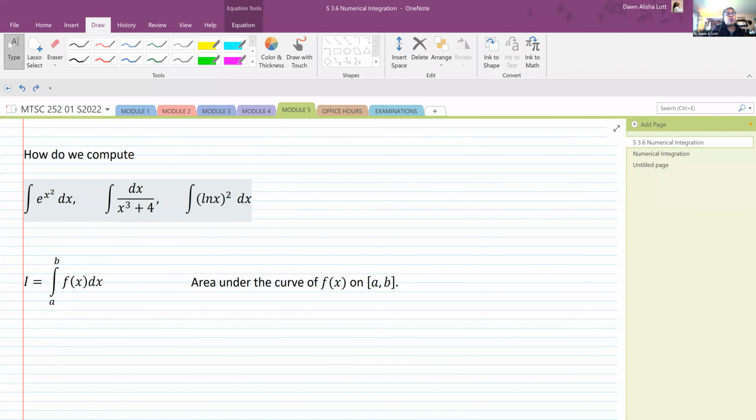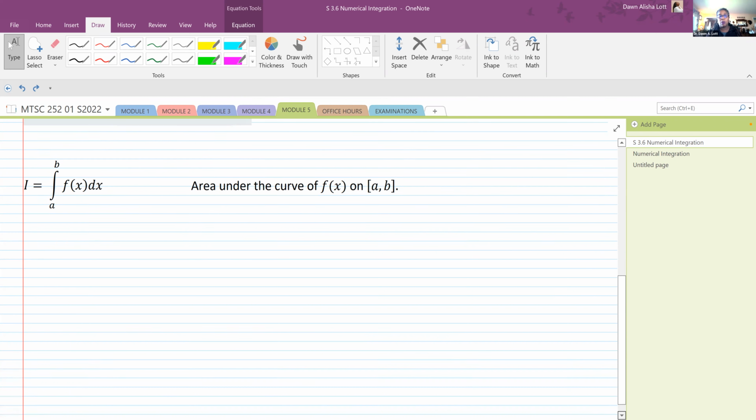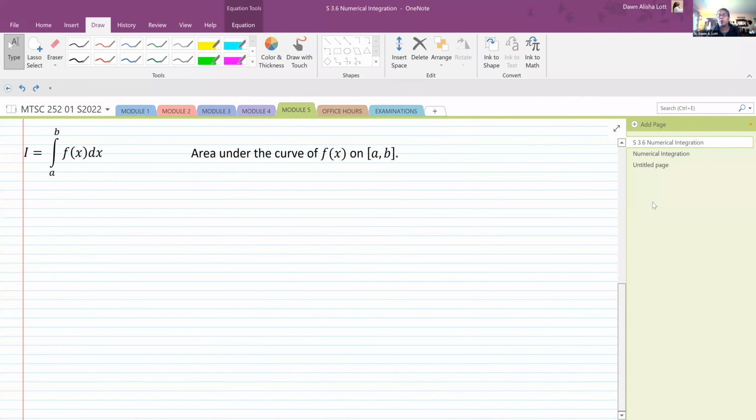If we have a definite integral, which is the integral from a to b, so now we're on a finite interval of a function, it is basically just the area under the curve of the function. And so we're going to use the fact that it's just the area under the curve of a function in order to be able to move forward.